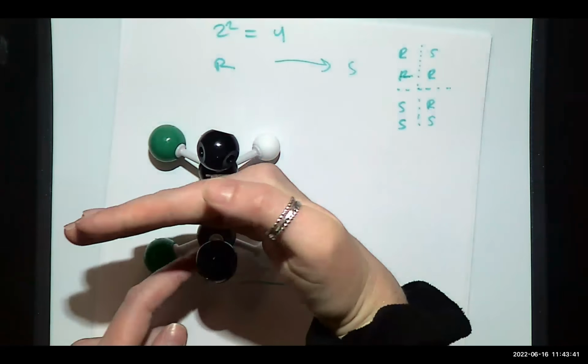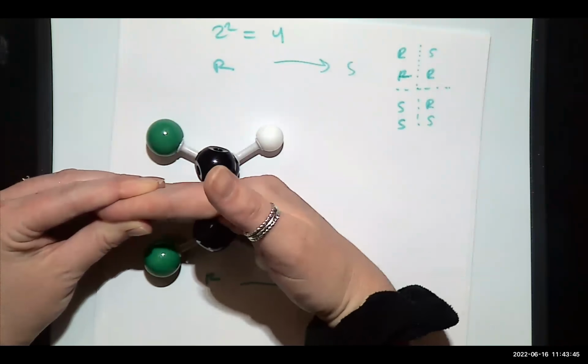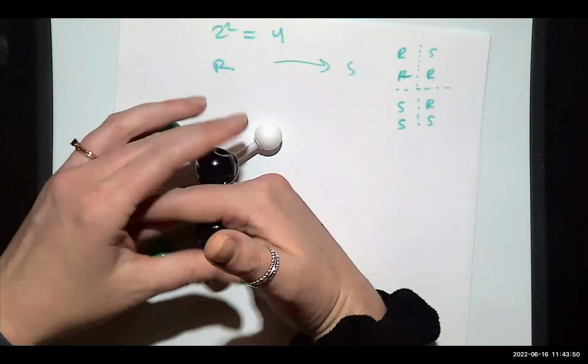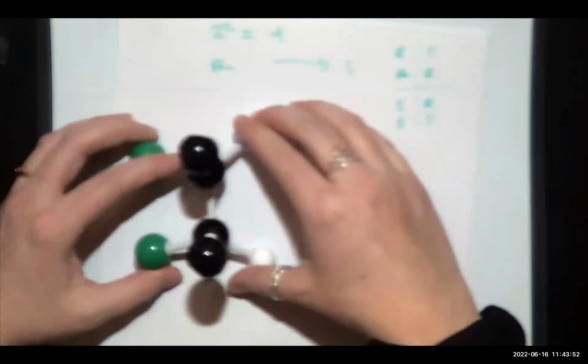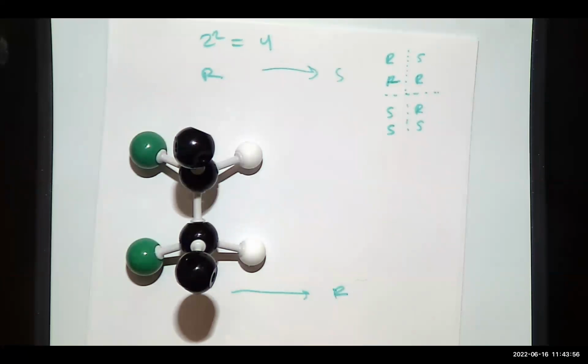There's a plane of symmetry. If you chopped this right down the middle and reflected it in a mirror, it would complete the molecule back the way it looked before. These reflect over each other to look the same, these look the same, and these look the same. So when that happens, though there are two chiral centers and there's four possible stereoisomers, you actually only have three stereoisomers because of the plane of symmetry.